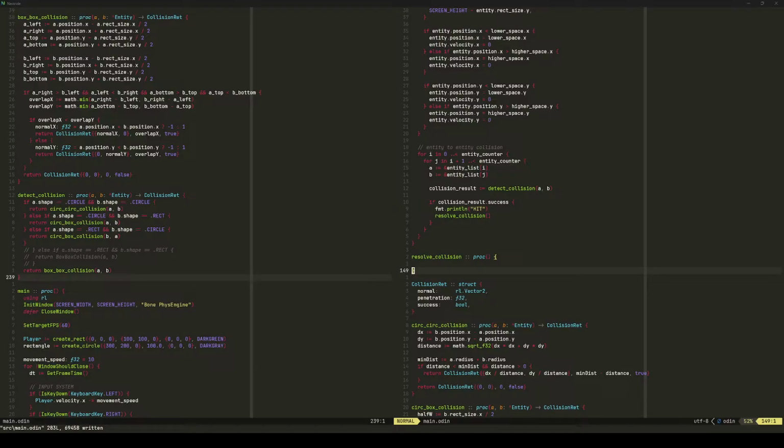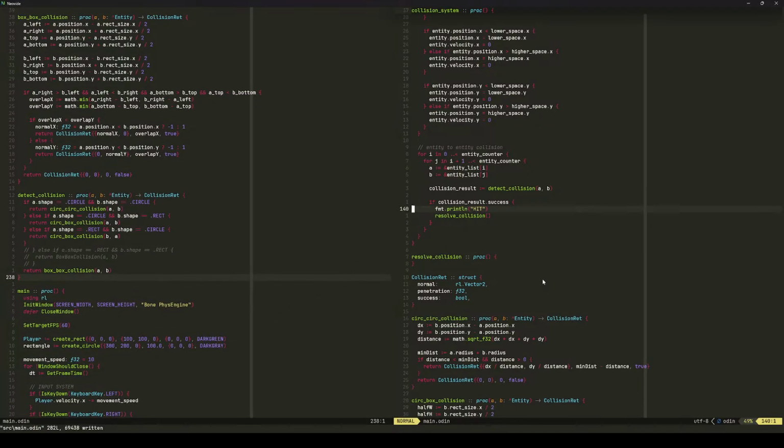I gotta detect collision, and after I have detected it, I gotta resolve it, right? This part of the code I don't really know how to do well, so I gotta understand it. I need to give it two of the objects and the collision result, right?